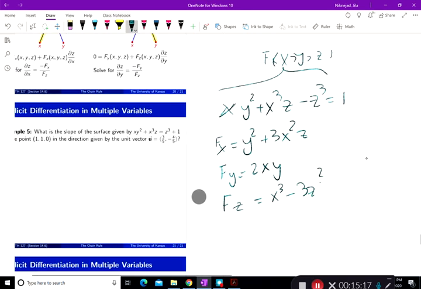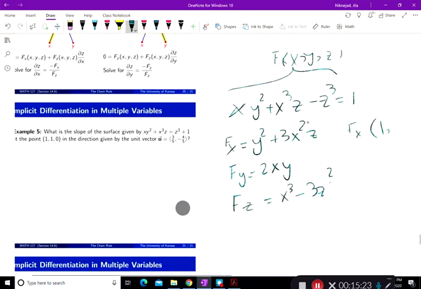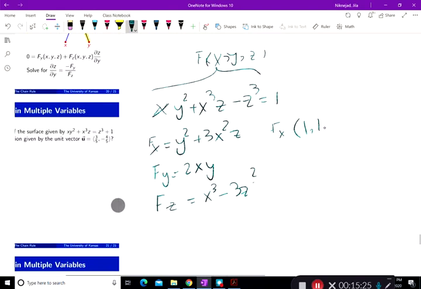And now let's find out each one of these. F sub x at the point, what was the point? (1, 1, 0). It is going to be equal to 1. F sub y at the point (1, 1, 0) is going to be 2. F sub z at the point (1, 1, 0) is going to be 1.